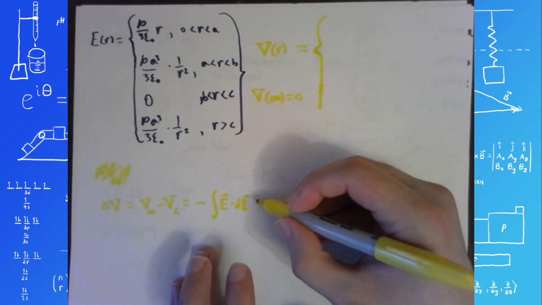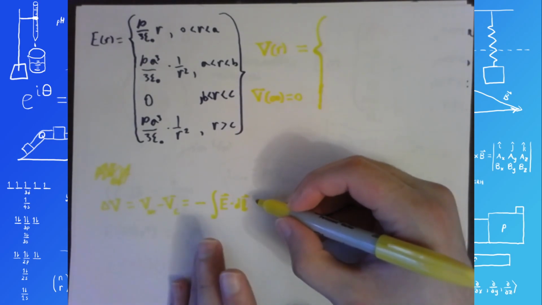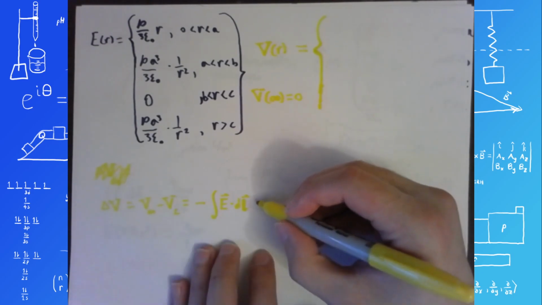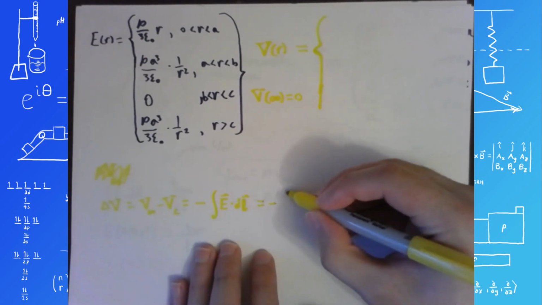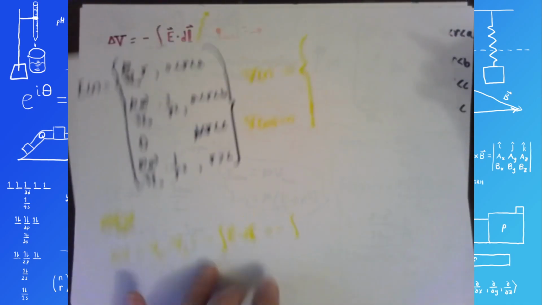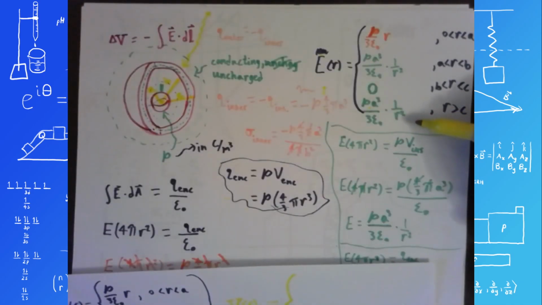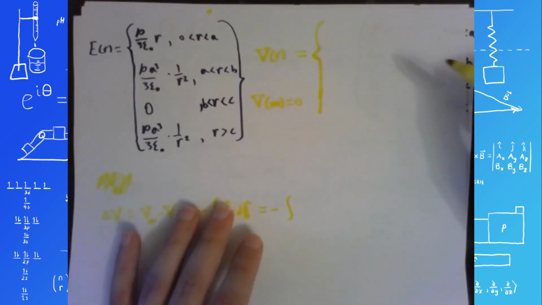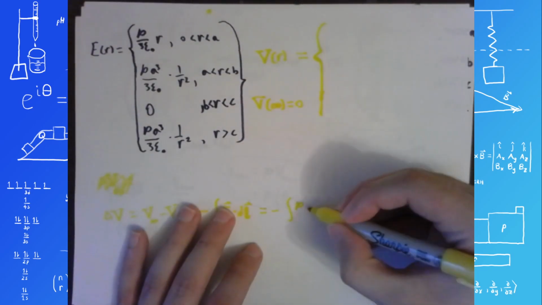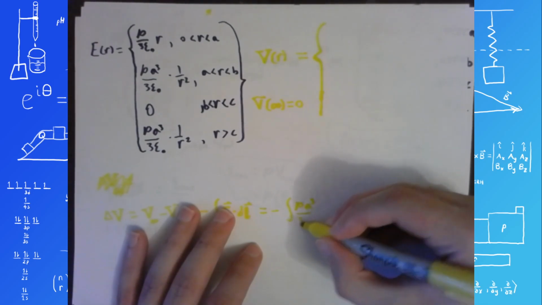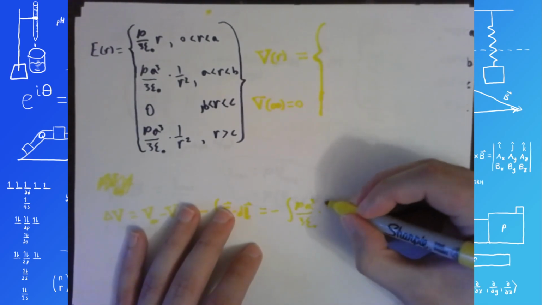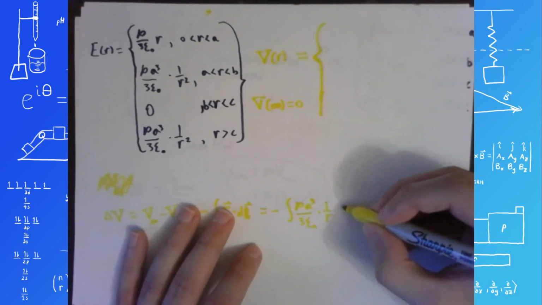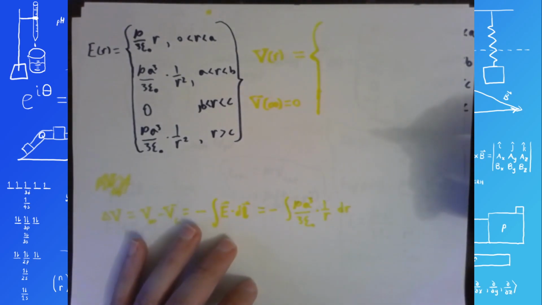Let's see. So we're going to get negative integral of E. For R greater than C, E is rho A cubed over 3 epsilon naught times 1 over R squared, and then that times dr, and times negative 1.